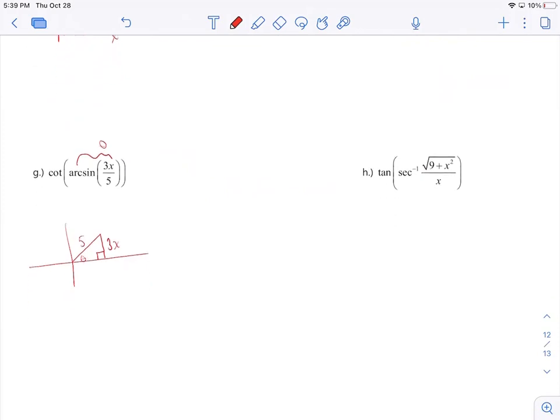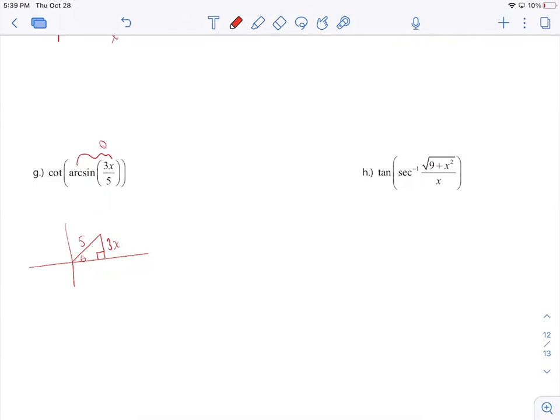So now this side I don't know, but I can figure it out using the Pythagorean theorem like I've done before. I don't want to use x as my variable since I already have an x. So let's use something we're not used to.